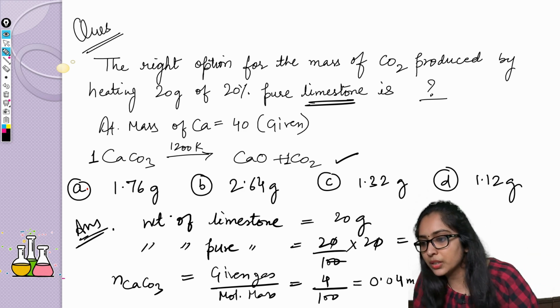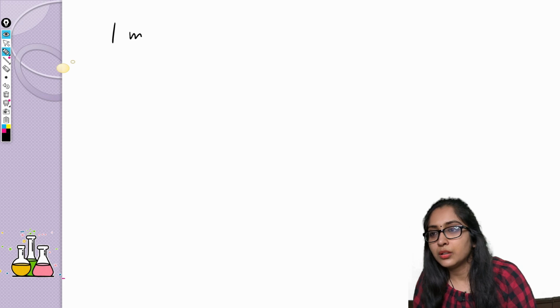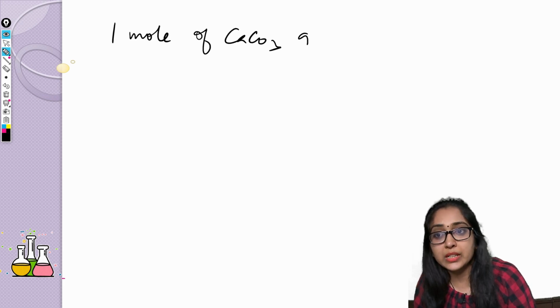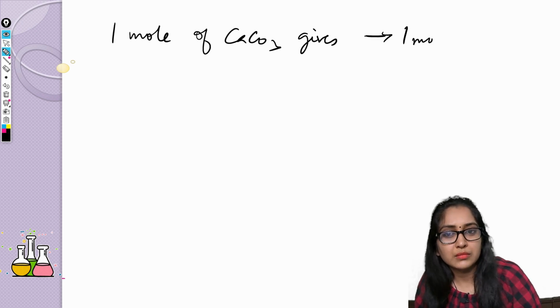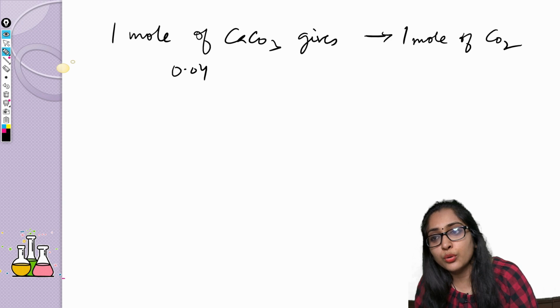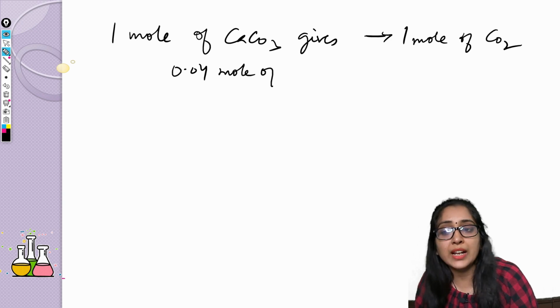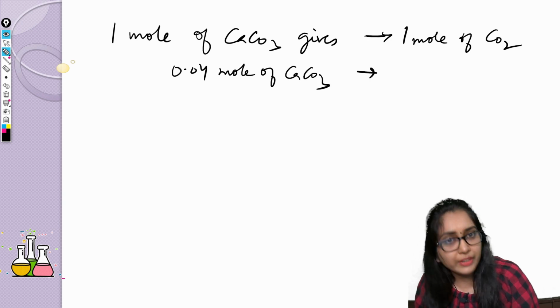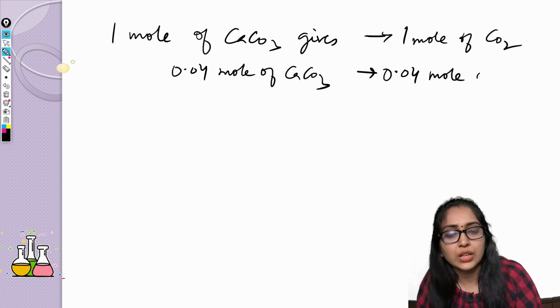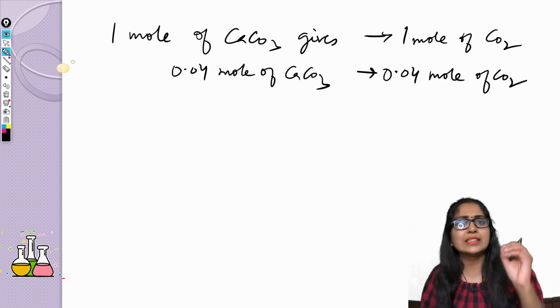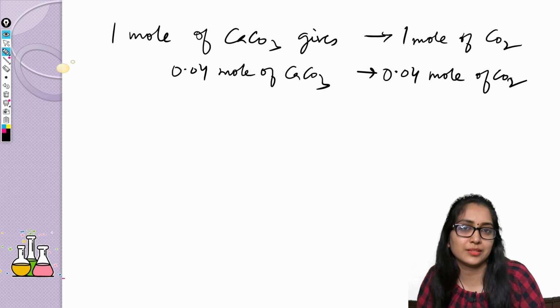So 1 mole of calcium carbonate gives 1 mole of CO2. 0.04 mole of calcium carbonate will obviously give 0.04 mole of CO2. You just have to apply the simple unitary method, nothing else.